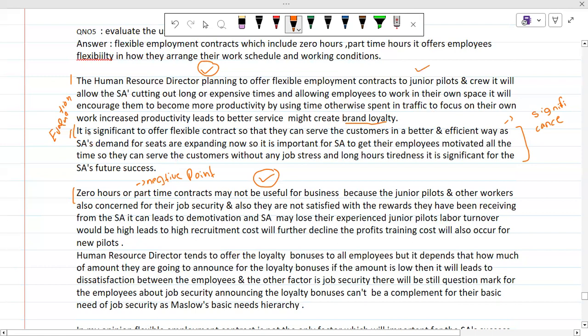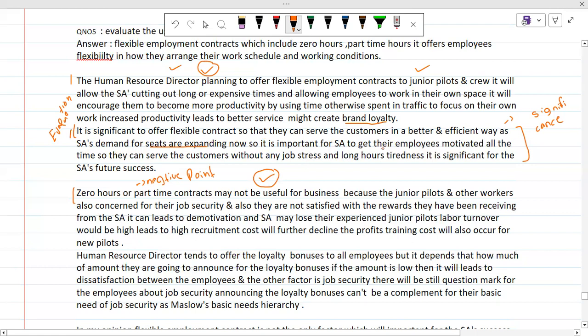As you can see, I have written the significance of this point here. It is significant to offer flexible contracts so that they can serve the customer in a better and more efficient way as SA's demand for seats is expanding. See that I applied the point here, because in the case study we have seen that their seat demand is expanding.